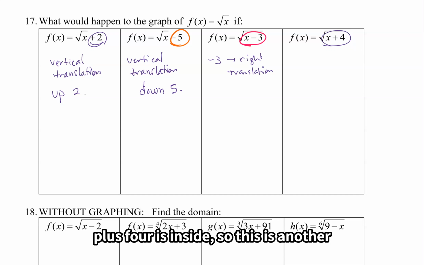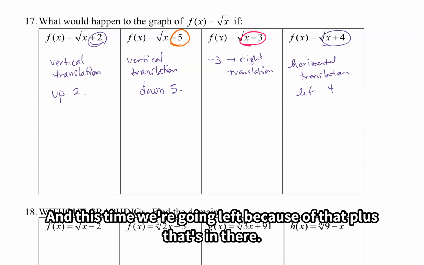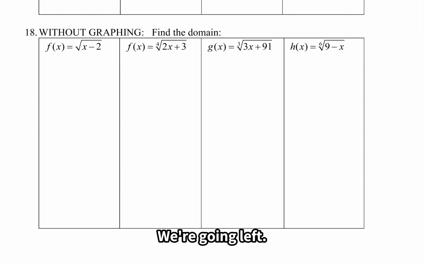Plus 4 is inside, so this is a horizontal translation. And this time we're going left because of that plus that's in there. X plus 4, we're going left.